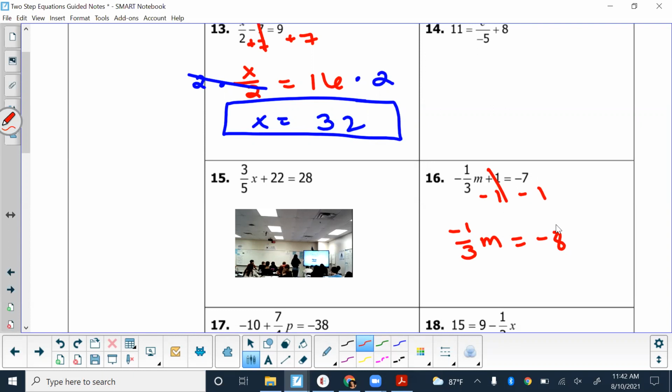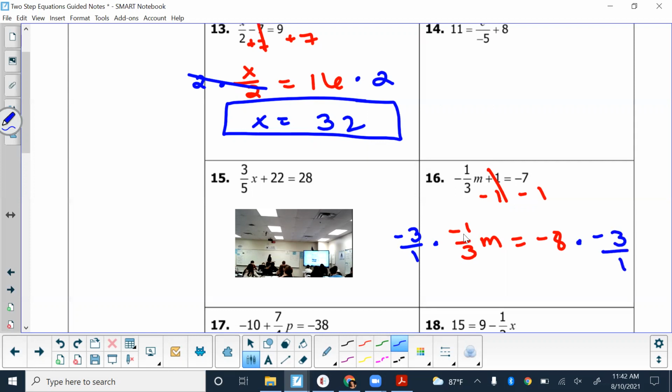Now we're at this step. How can I get rid of that fraction? Yes? Negative 3 over. Good. All right, you multiply it by the reciprocal. That's how I can get rid of the fraction. Whatever you do to one side though, you do to the other side.